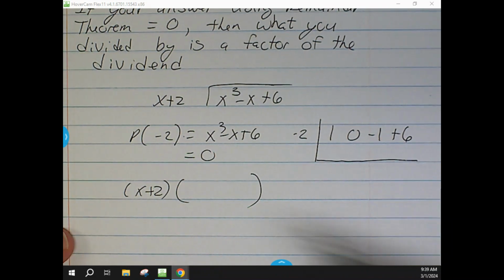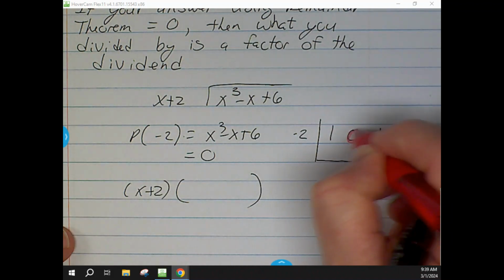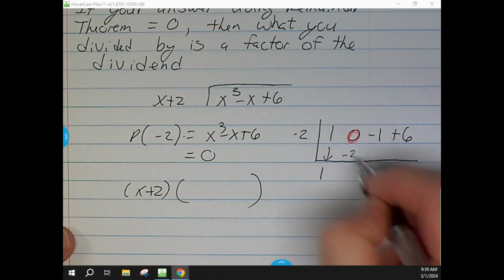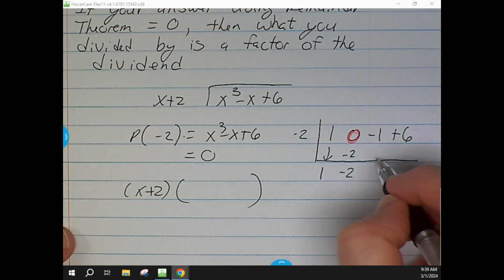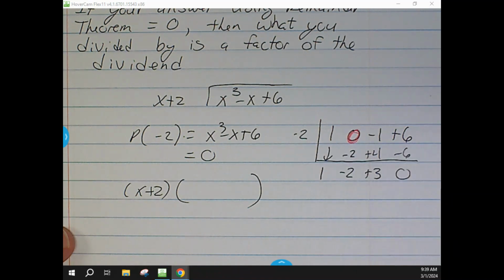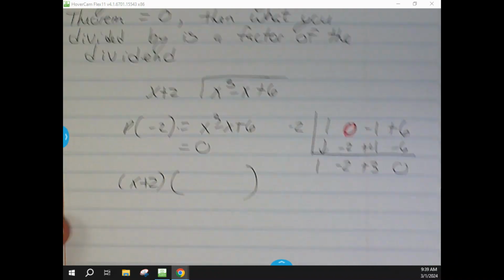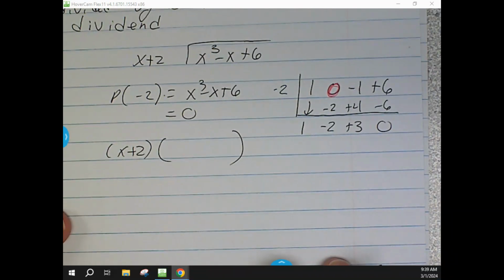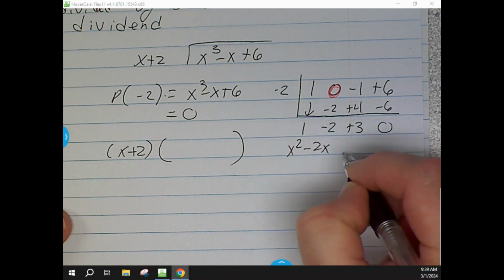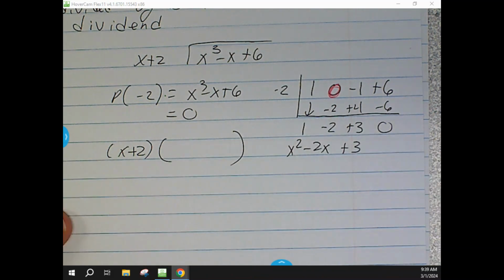Okay, and again, because we skipped the x squared term, we know we've got to put a 0 in for a placeholder. Okay, so we do our synthetic division. We've got this, and this means this is going to be x squared minus 2x plus 3.